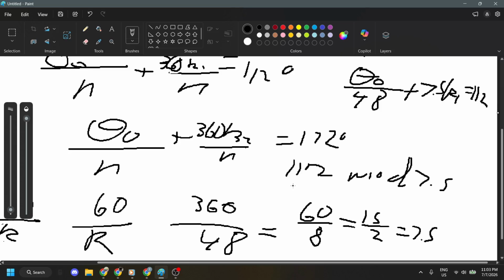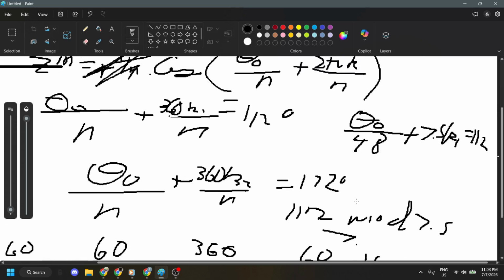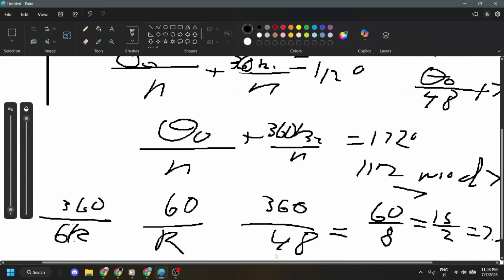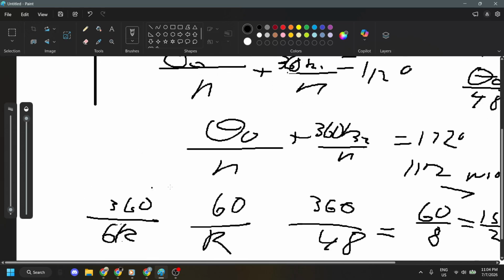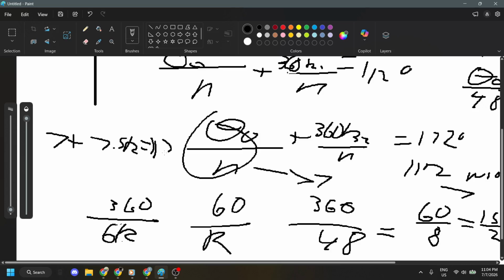Take out 30, we get 7. So we're saying that this needs to be 7, I think. We say 7 plus 7.5k is equal to 112.